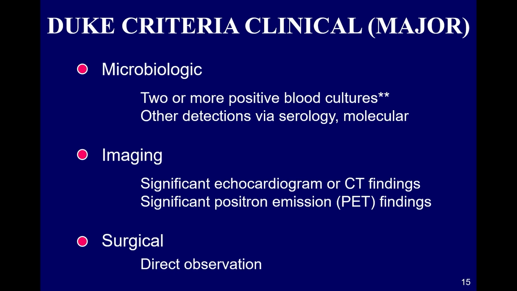This could involve microbiologic findings, imaging, we talked about the echocardiogram, and Heather talked about it before, as well as direct observation surgically, seeing vegetations upon surgery. So any of those 5 or so conditions would contribute what's called a major criterion toward a clinical means of diagnosing through the Duke criteria.